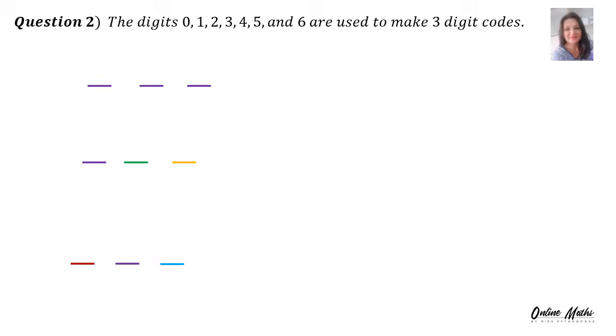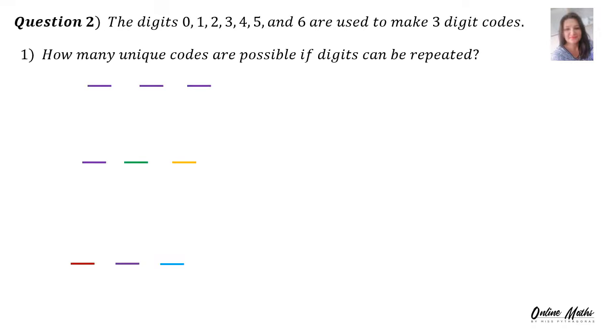Question 2. The digits 0, 1, 2, 3, 4, 5, and 6 are used to make 3-digit codes. Question 1. How many unique codes are possible if digits can be repeated? Now, do you agree a 3-digit code?